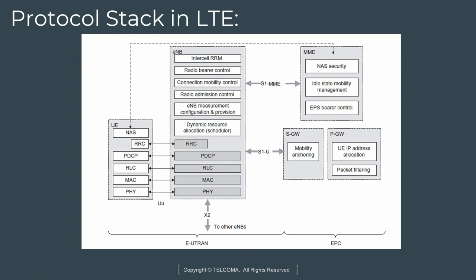So in the eNode B, some of these higher level functions are higher up in the protocol stack, like intercell radio resource management, radio bearer control, connection mobility control, admission control, eNode B measurement configuration and provisioning, and some resource allocation scheduler.